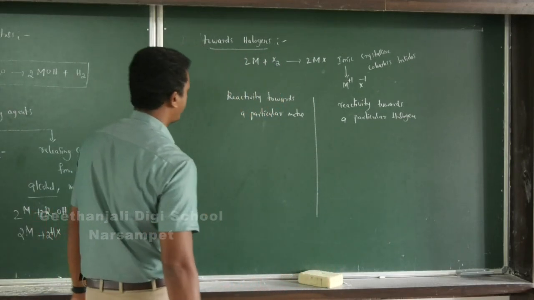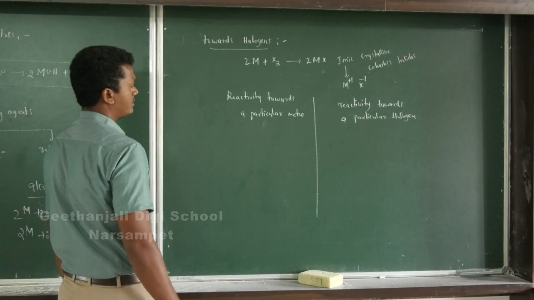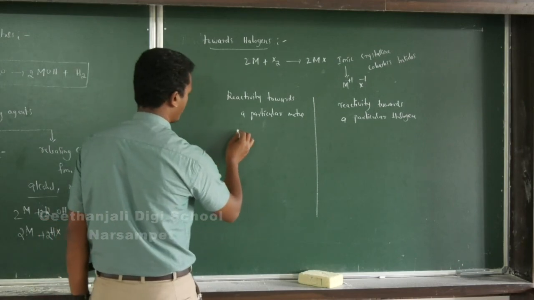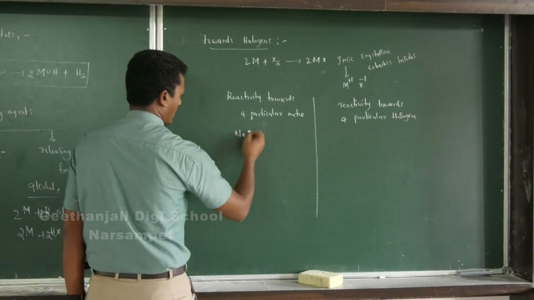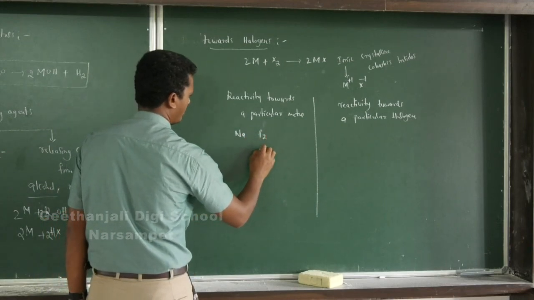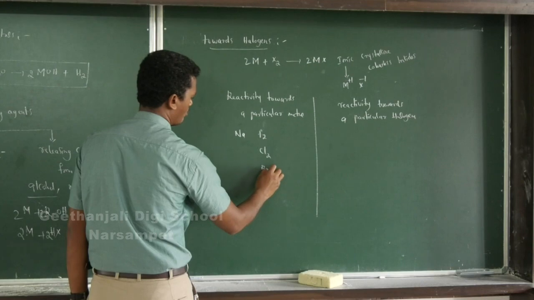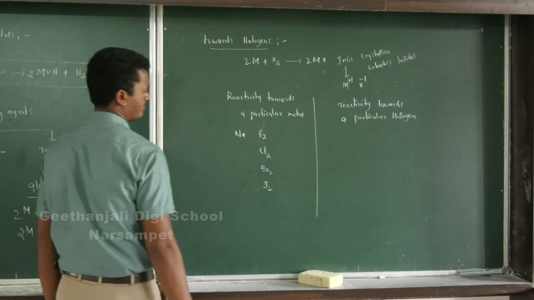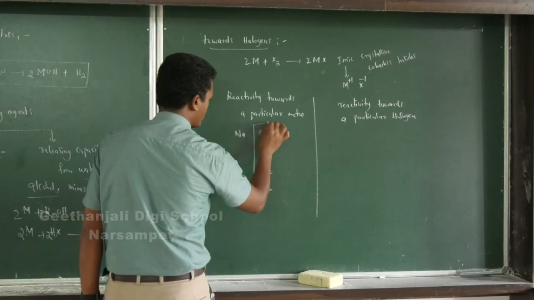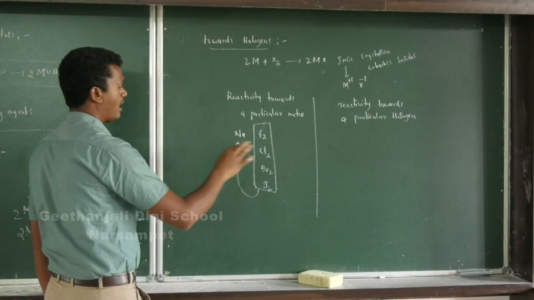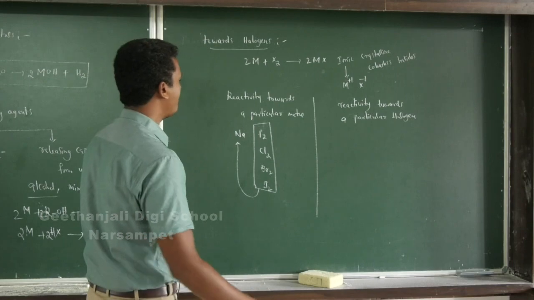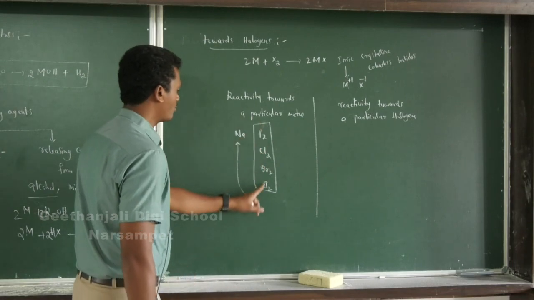First case, reactivity towards a particular metal. Here the metal I am taking is sodium, and the halogens are fluorine, chlorine, bromine and iodine. When these halogens react with this particular metal, how can the reactivity vary in a group from top to bottom?